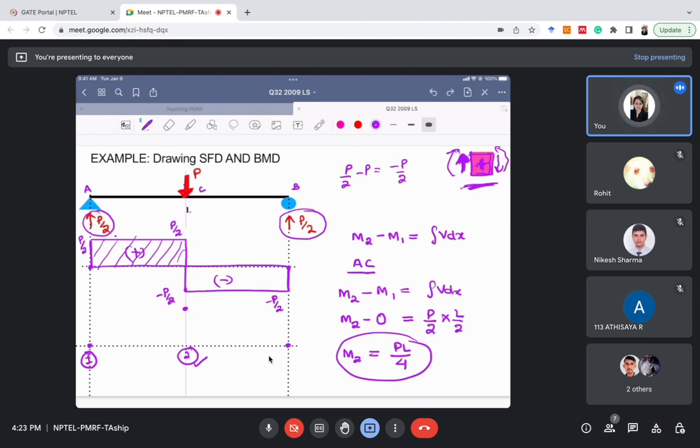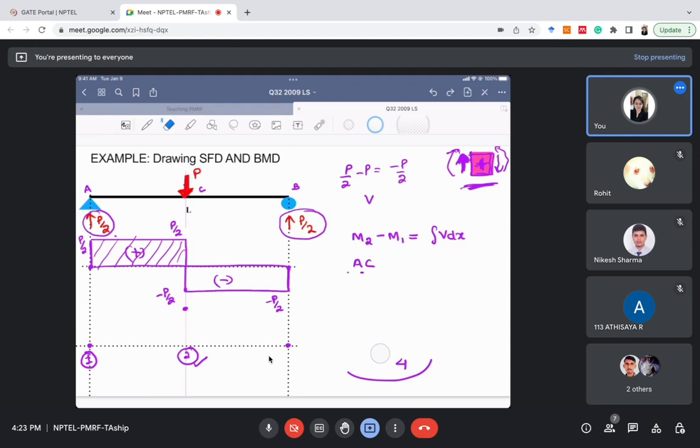So to determine the shape of this bending moment diagram, we use another formula we have discussed: shear force V equals dM by dx. That is, the shear force at a section is equal to the slope of the bending moment diagram.